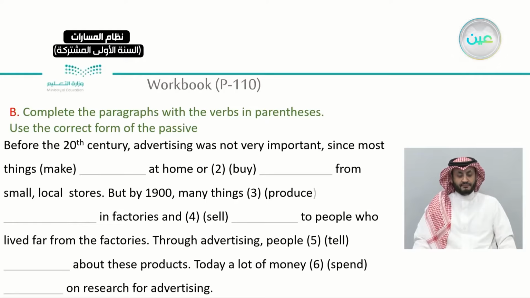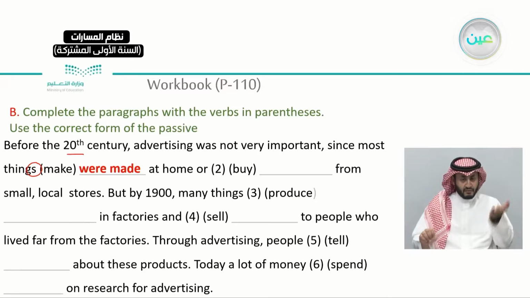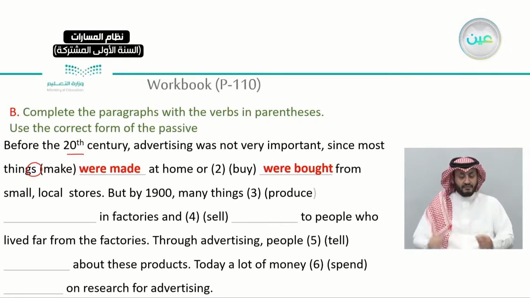Here, before the 20th century, so before, it means in the 19th, in the 18th century, so we're speaking about the past. Advertising wasn't very important. Since most things, here we're speaking about things, past, verb to be, verb number 3. So, were made at home, or the things were bought from small or local stores.